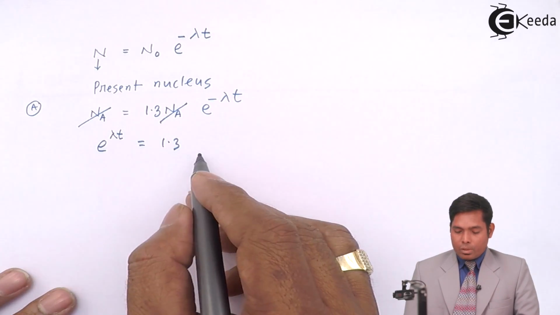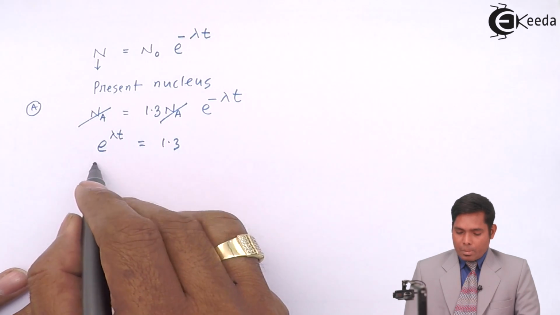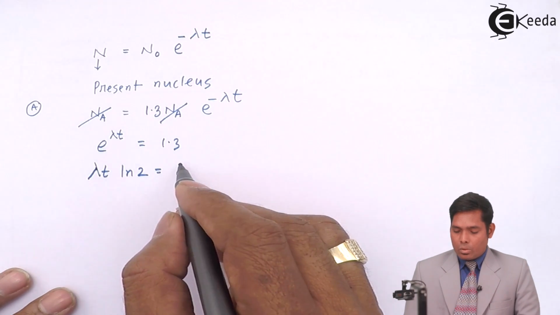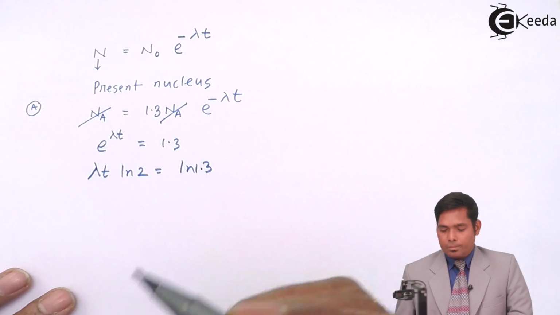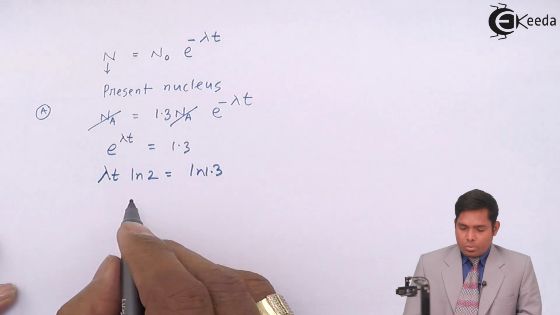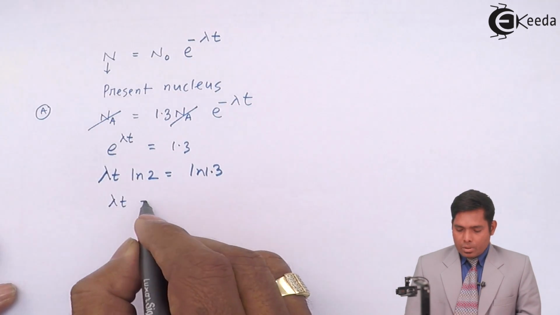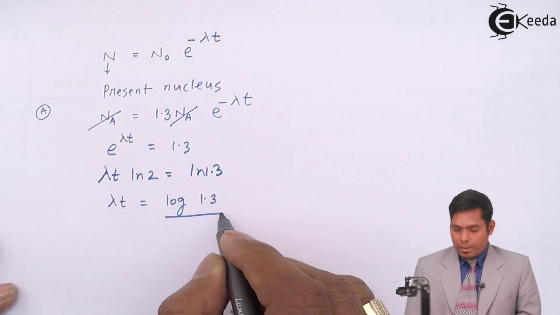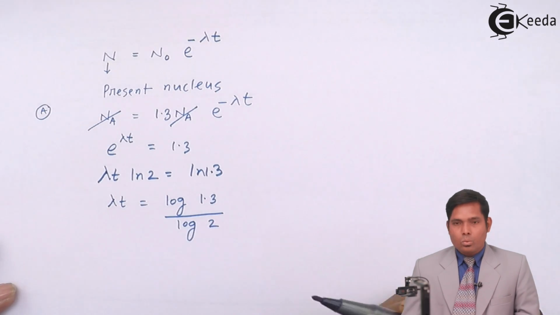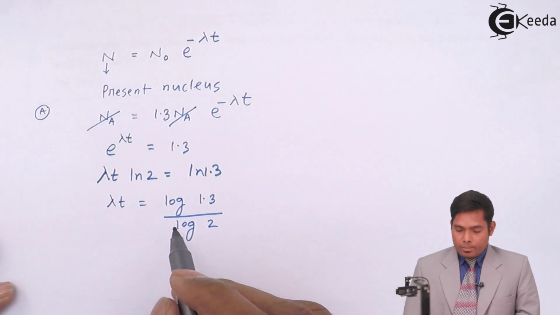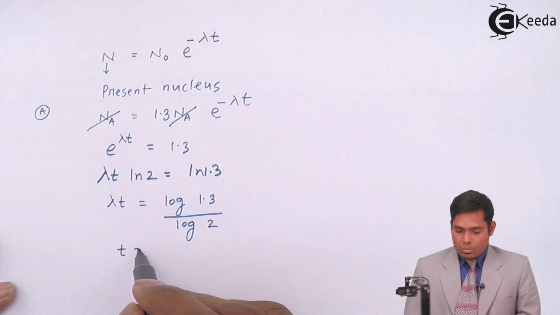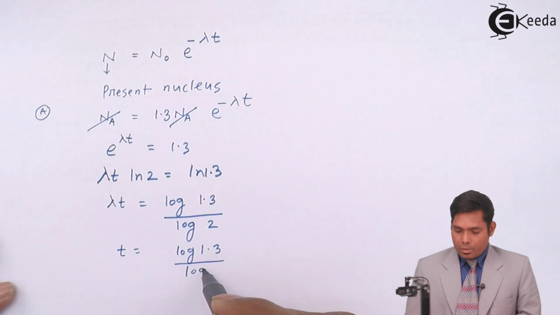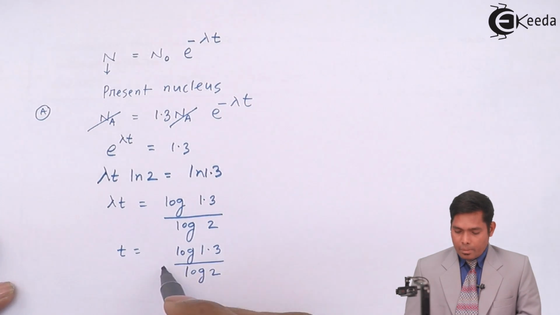If I take log on both sides of the equation, then lambda t log of e, base e, equals log of 1.3. So lambda t comes out to be log of 1.3 divided by log of 2, and t equals log of 1.3 divided by log of 2, divided by lambda.